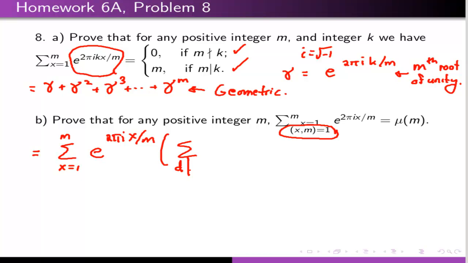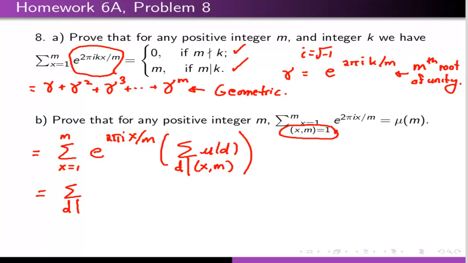So d is going to run through the divisors of x and m of mu of d. So there's a quantity that will be 1 precisely when this GCD is equal to 1 and 0 otherwise. And then interchange the order of summation.